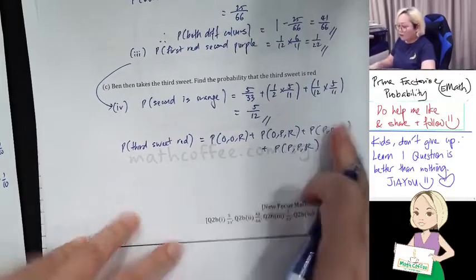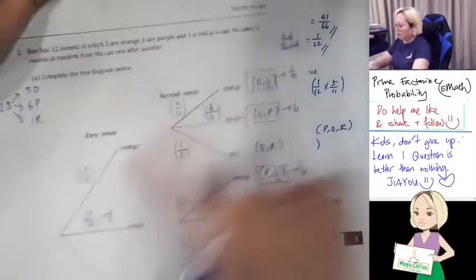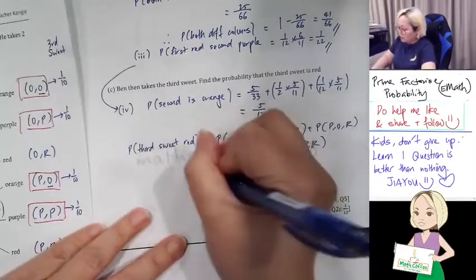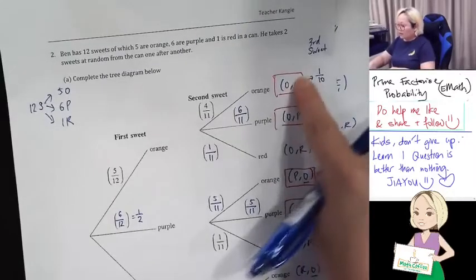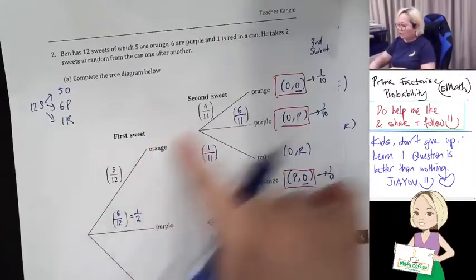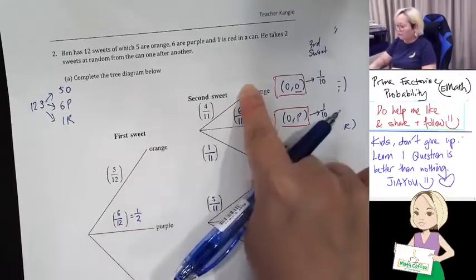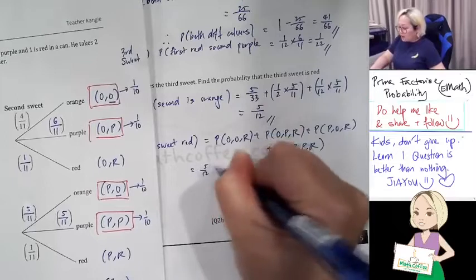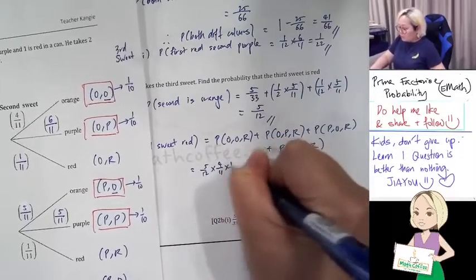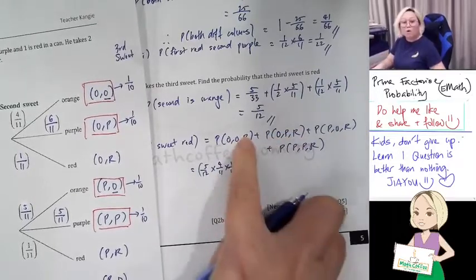So only 4 possibilities. Only 4. So we will just do all the fractions. So the OOR is here. It will be 5/12 times 4/11 times 1/10. That is for OOR.